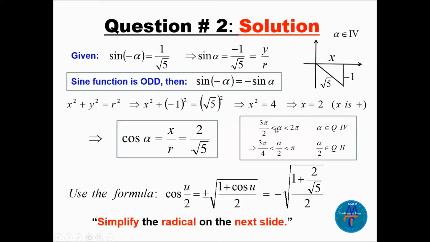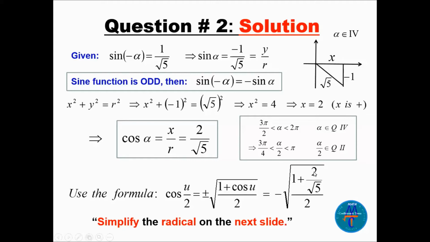If you divide each side of this inequality by 2, this becomes between 3 pi over 4 and pi, which is quadrant 2. So I have to choose the minus. So cosine of alpha over 2 will be minus the square root of (1 plus cosine alpha) over 2. And cosine alpha I found already, 2 over square root of 5.